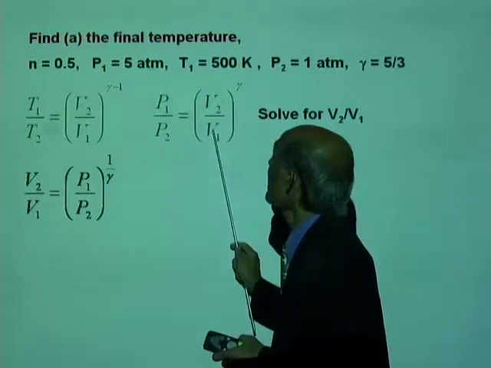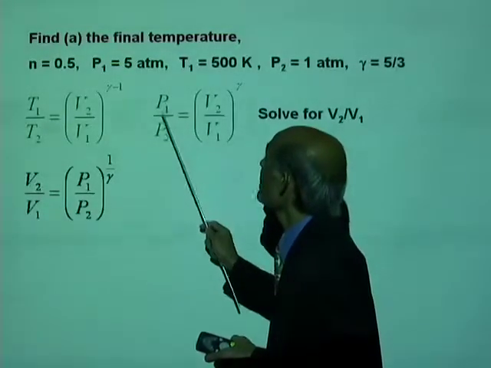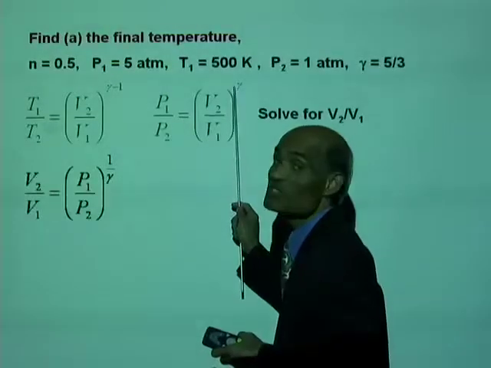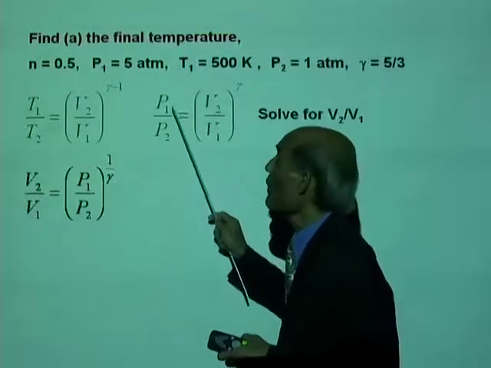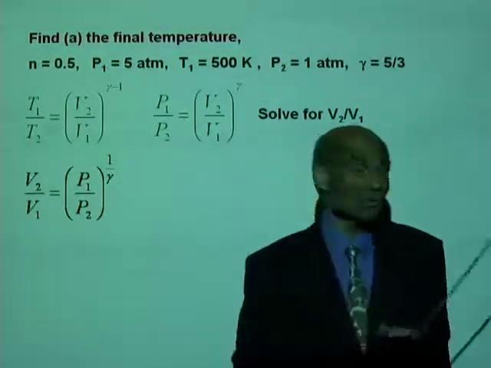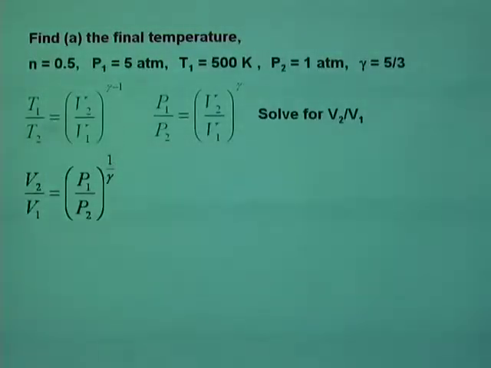V2 over V1 equal to P1 over P2 raised to the power of 1 over gamma. I hope you understand that. You see, if you have x to the power 5 equal to y, then what is x equal to?